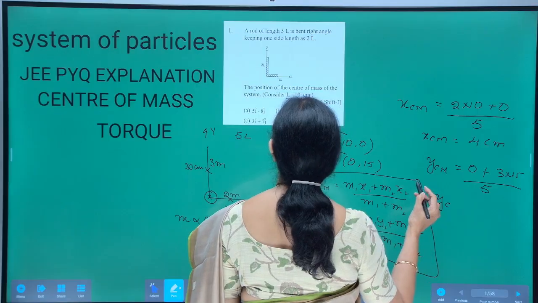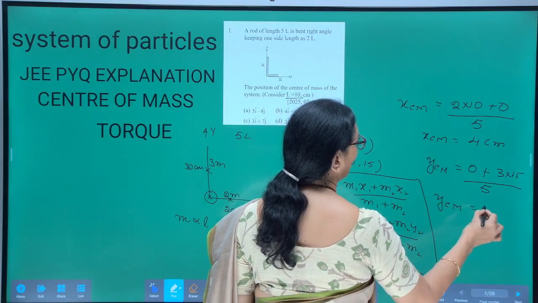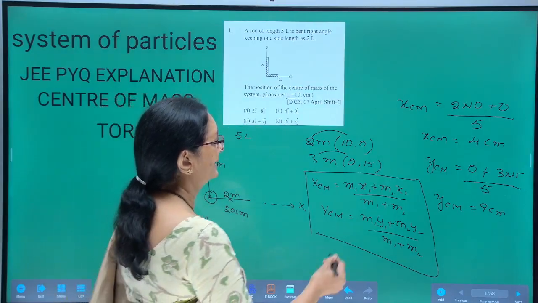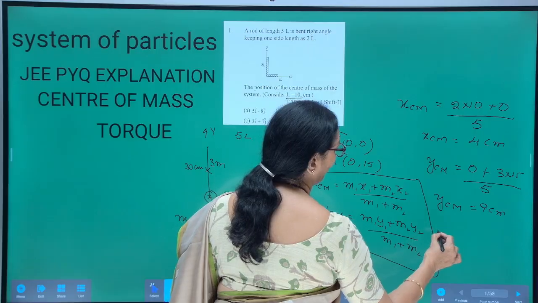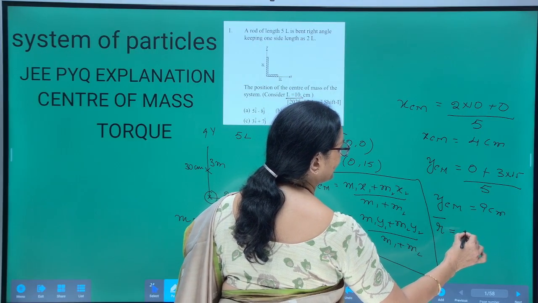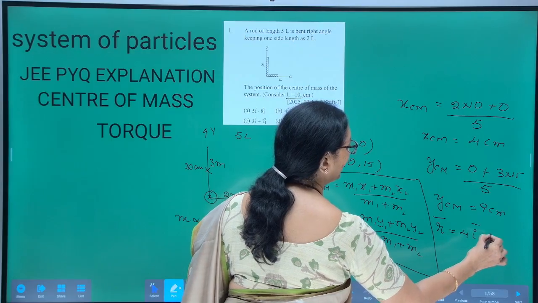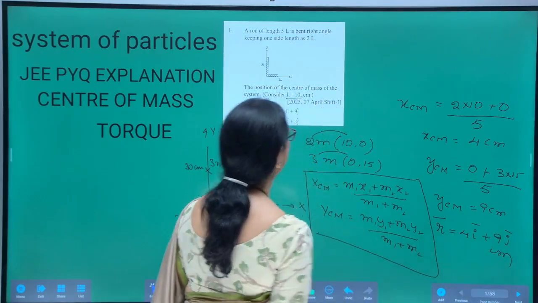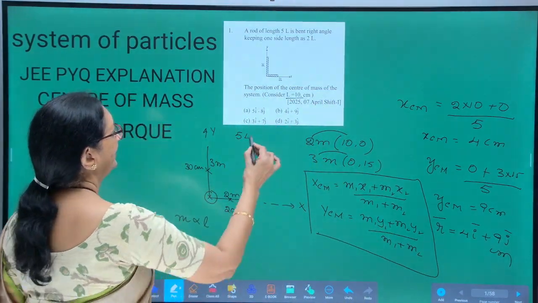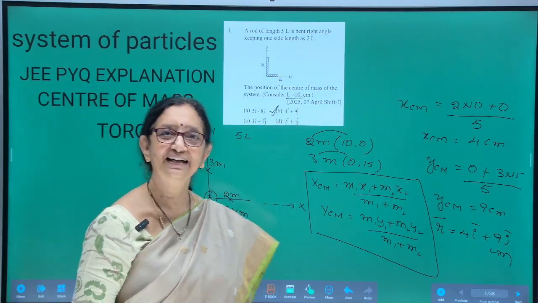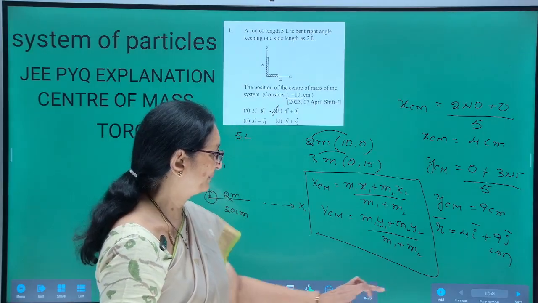So, y coordinate of center of mass is 9 centimeters, but if you look at the options, they are given in the vector form. So, position vector of center of mass is 4i bar plus 9j bar expressed in centimeters. So, here 4i plus 9j, that is the right option for that problem.